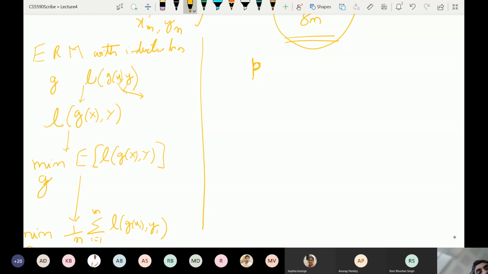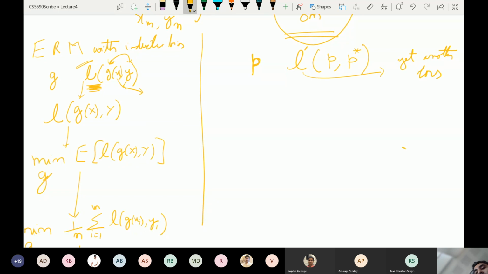Similarly, like we chose a way of saying Gx is close to Y, we introduced this notion of a loss function. So let me introduce the notion of a loss function again. What does this loss function do? It will tell me how close P and P star are. So this is a different kind of loss function, yet another loss function. Don't think it is the same as the previous L. So let me call it L dash or something.